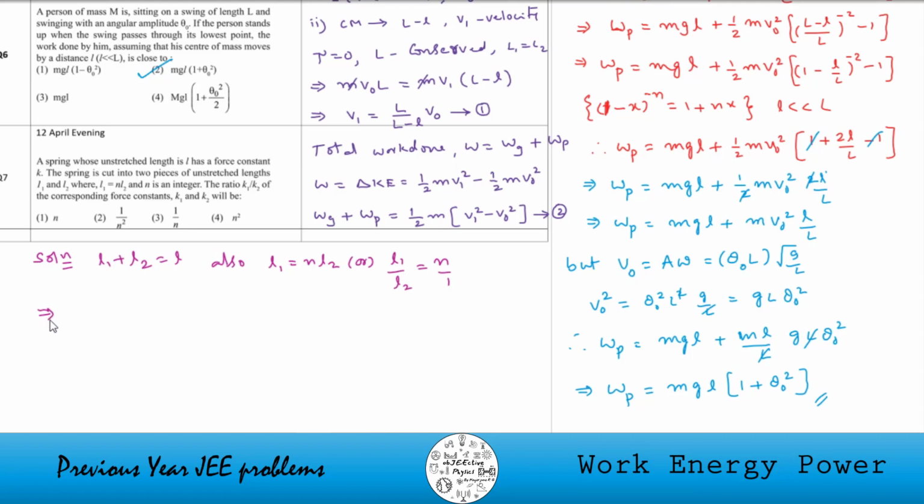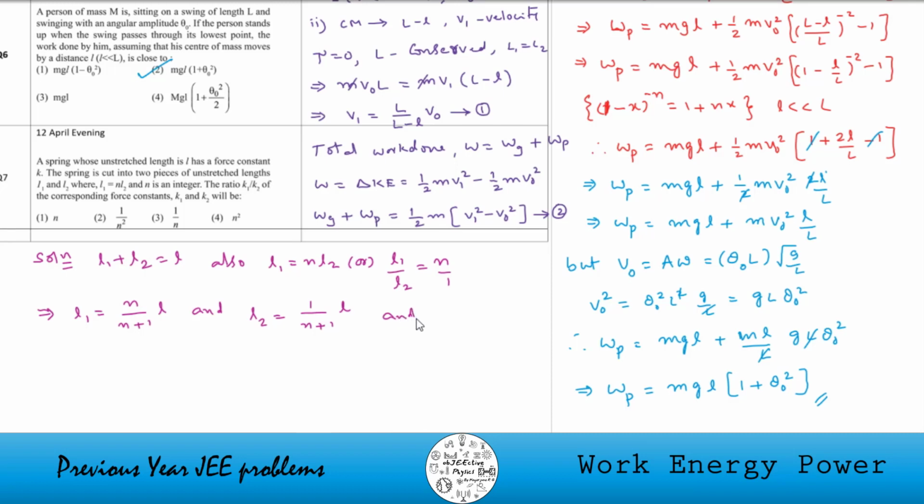That implies L1 is equal to N divided by (N plus 1) into L, and L2 is equal to 1 divided by (N plus 1) into L.